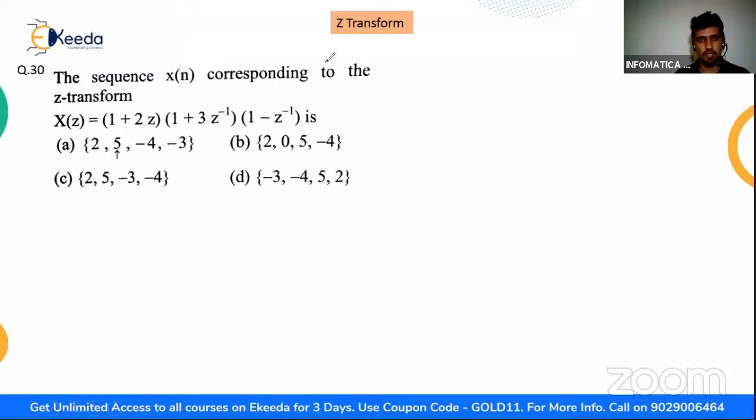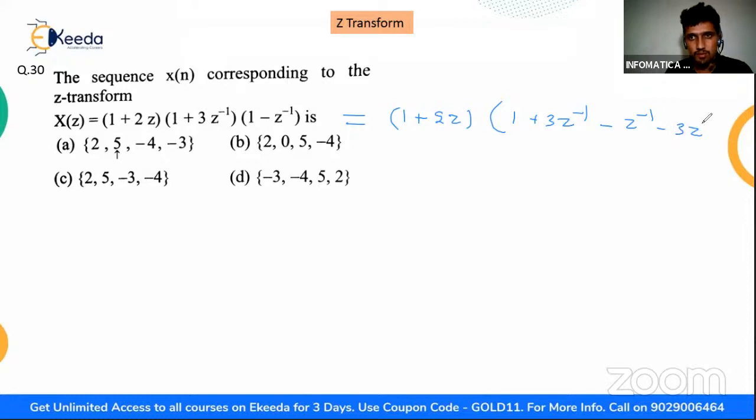This is very simple. You just have to multiply this. Which you can say 1 plus 2z, and multiplication of these two will result in 1 plus 3z inverse, and then minus z inverse. Multiplication of this: minus z inverse minus 3z raised to the power minus 2.